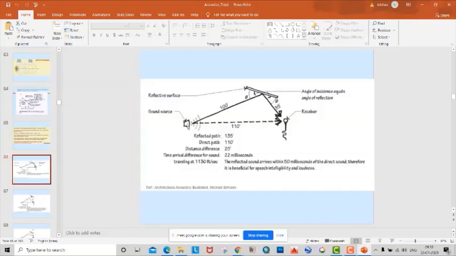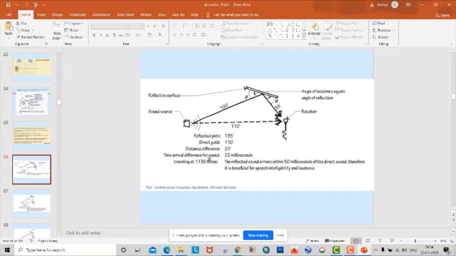Then we also talked about the path difference to control the echo. If we get reflected sound after 100 milliseconds, there will be an echo, and it is preferable to provide reflected sound within 50 milliseconds, 0.05 second.